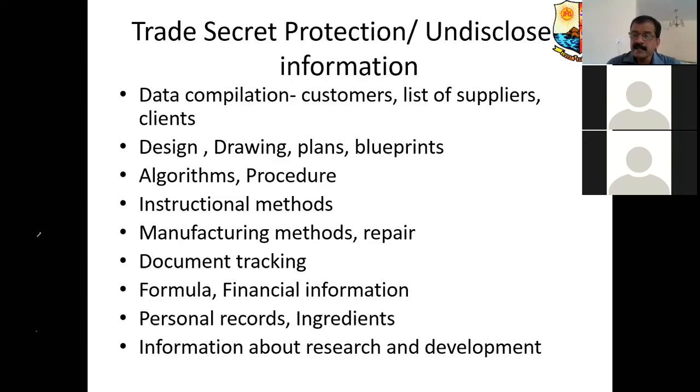In a particular business like the hotel business or ice cream business, the proportion of ingredients is very important. That is kept as a trade secret. Information about research and development. So all these things are listed under trade secret. This need not be disclosed by the owner of the company, because he maintains it at a very, very secret level. They maintain it because that is very important for them.